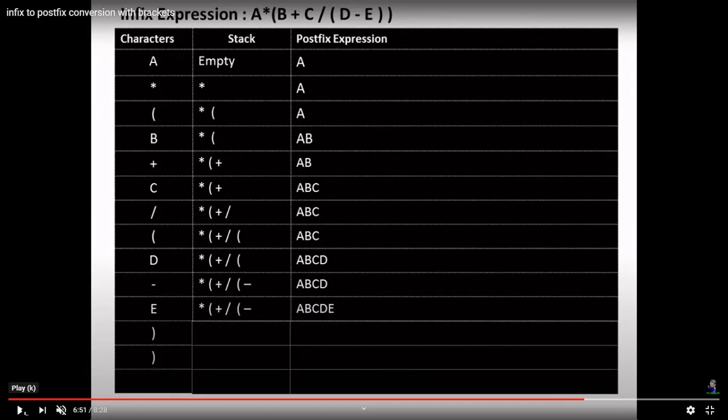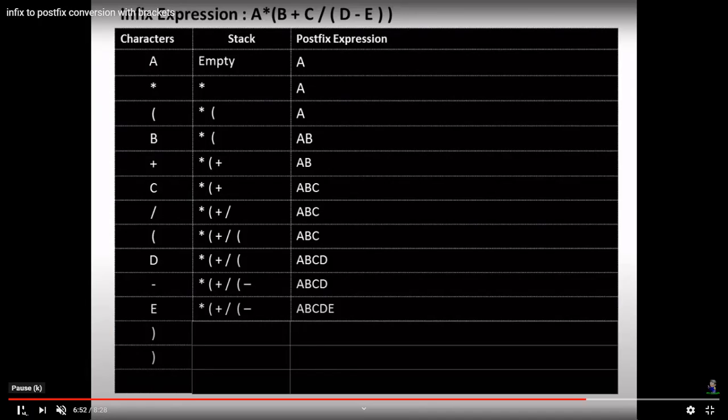Next we have the operand E. E is an operand, so it will be placed in the postfix expression where we will be having A, B, C, D, E, and the stack we are going to have star, opening bracket, plus, division, opening bracket, minus.